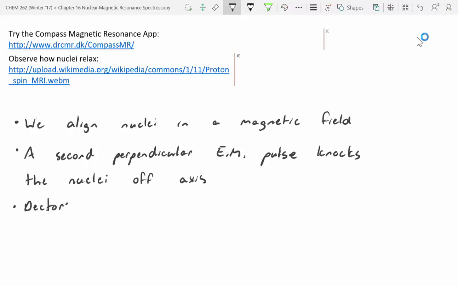And then the detector records the nuclei relaxing back into the field.